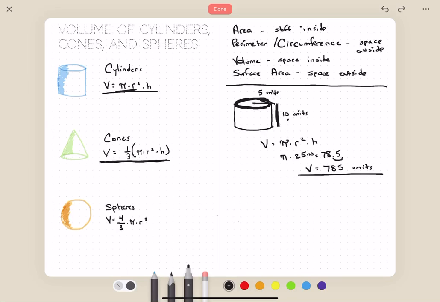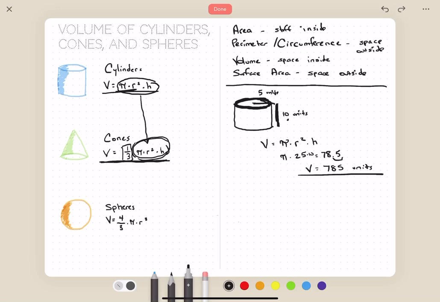And the cool thing is that the cone is also super easy. Notice that if we look at this, we have the same shape. We have the same formula in both equations. The only difference is this 1/3. So we are going to do the exact same thing.